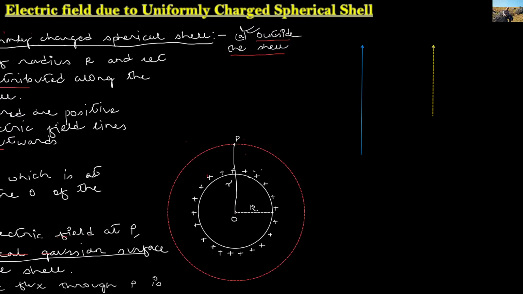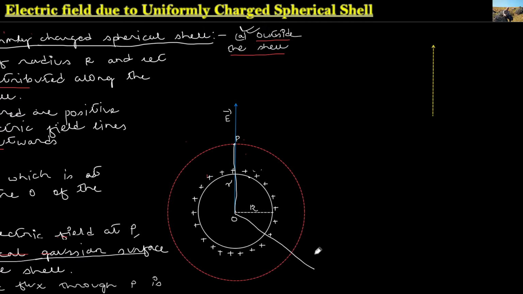Let this blue ray represent our electric field vector coming from point P, denoted by E bar. And we know that all the electric lines of force will be directed in the outward direction.